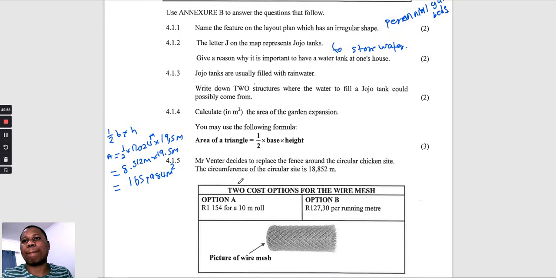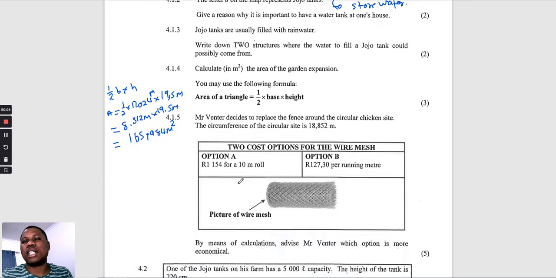Okay, right. The next one, 4.1.5, they say Mr. Venter decides to replace the fence around the circular chicken site. The circumference of the circular site is 18,852 meter. The two cost options for the wire mesh, they say option 1, 1,154 for a 10 meter roll, meaning that if you want to buy these rolls, they are only sold in 10 meters.